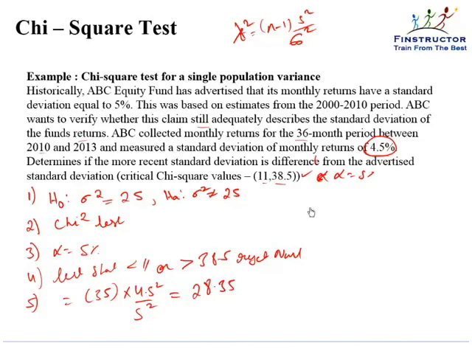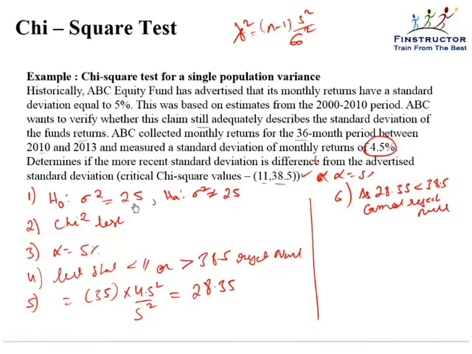So can we reject the null? As 28.35 is lesser than 38.5, we cannot reject the null, or we fail to conclude with 95% confidence that the hypothesized variance of the population is different from 25.